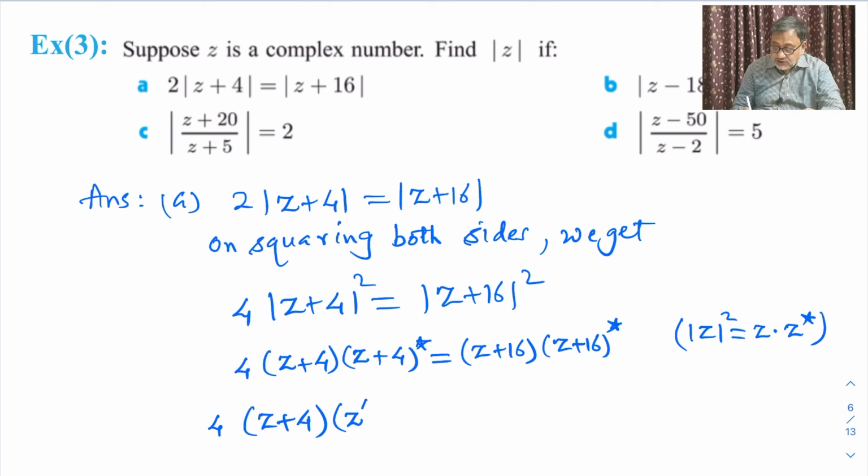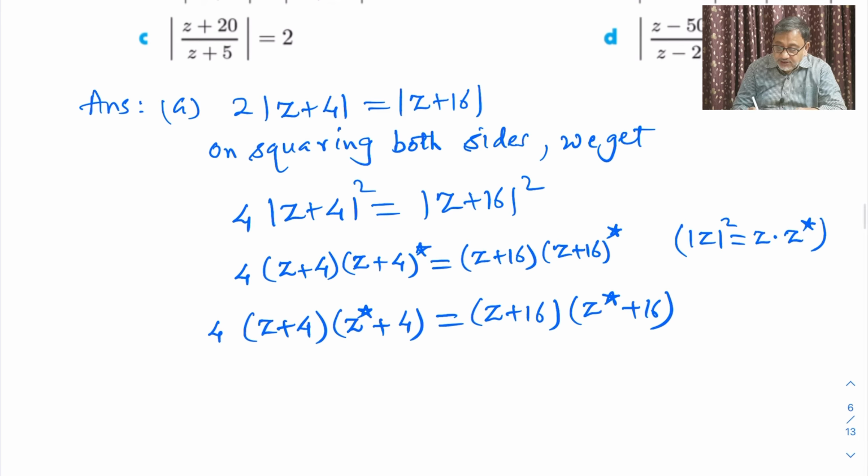So z conjugate plus 4 will remain 4, the real number doesn't change. So z plus 16, here z conjugate plus 16, the real number doesn't change. Now I will multiply both the brackets and multiply by 4. So 4, see here, z into z conjugate.